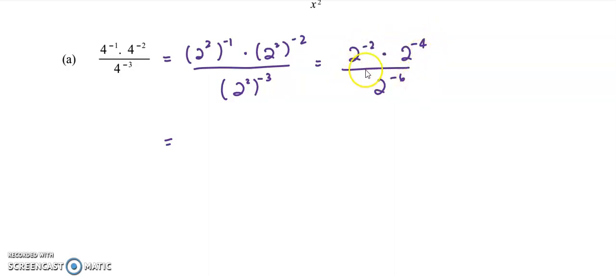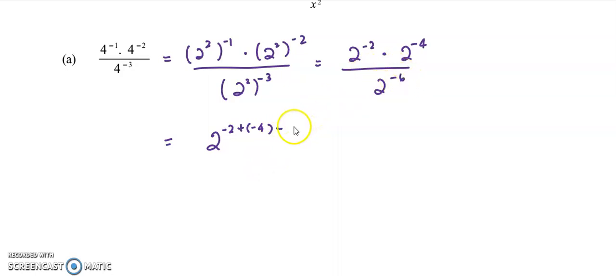And if we have the operation divide, then the index number, the power will be minus the power of -6. So now I'm going to simplify like this. 2 power of -2. Since this operation is multiply, this is a plus -4. Alright, and divided by 2 power of -6, because the operation is division, so we are going to minus this number.